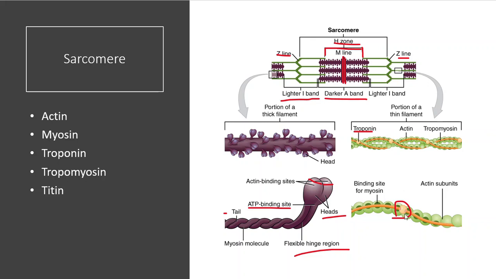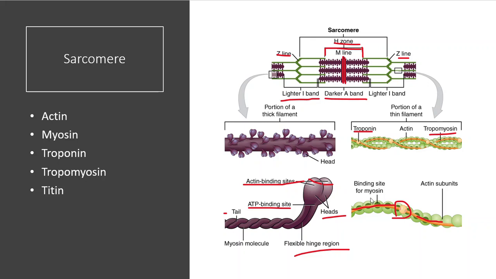Troponin is going to be the thing that's going to keep this long piece right there, which is called tropomyosin. What tropomyosin does is it blocks those binding sites right there for this guy. So as long as tropomyosin is there, then these guys can't bind to it and nothing can happen.